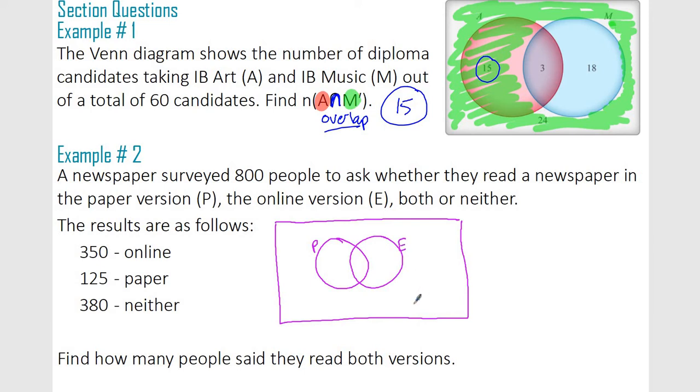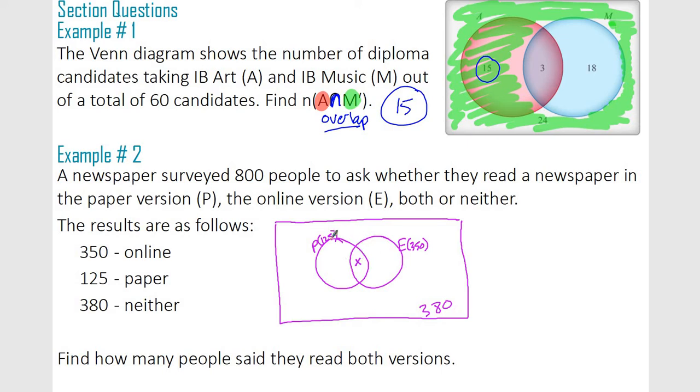Okay, so we know that 380 people said neither. So 380 people are out here. All right, we know that there are 350 online, so this whole circle has to be 350, and 125 for paper, so this whole circle has to be 125. But we don't know how many read both versions.